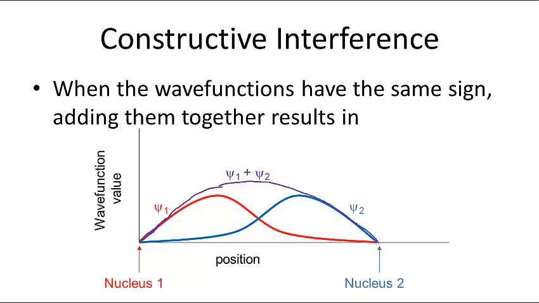And on the right side, where the red line has very low value, it's going to roughly follow the blue line. The point is, if I have two things that both have positive value and I add them together, I get a bigger positive number. So adding them together results in a bigger value where they overlap.